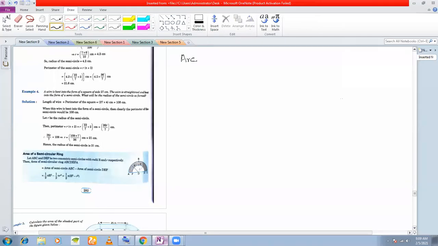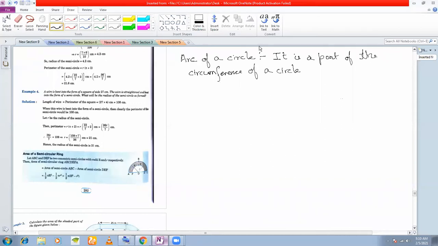Arc of a circle. Now, arc of a circle, it is a small part, or it is a part of the circumference of a circle forming its boundary.